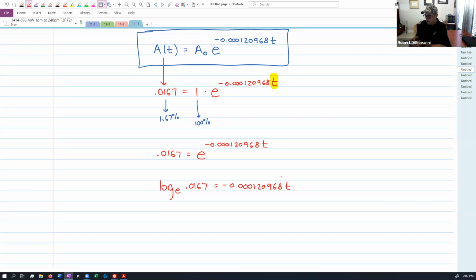So the left side is a natural log of 0.0167. This gives me negative 4.09234656 equals the right side. Okay. All right, so I divide that by that other number.